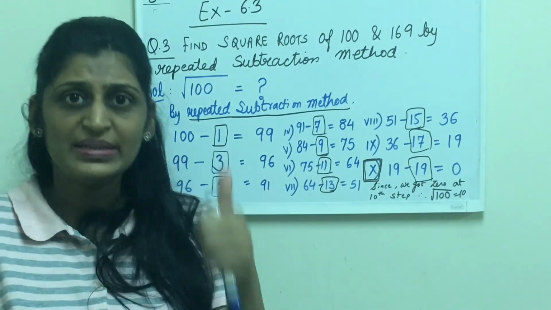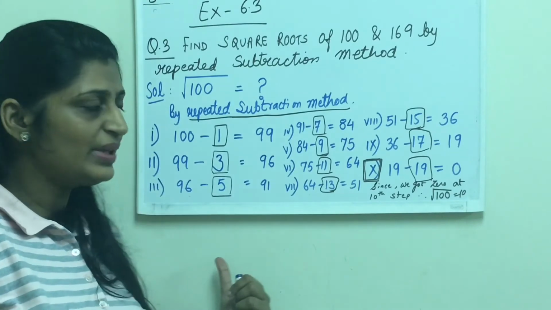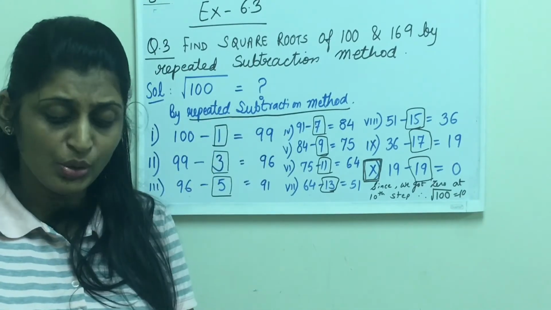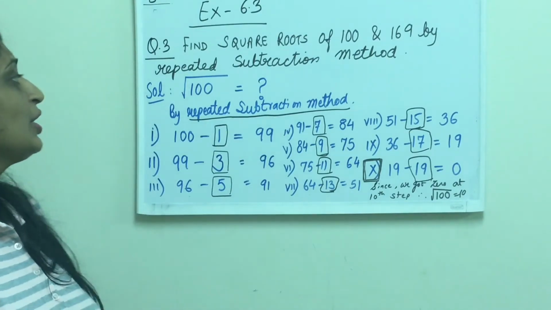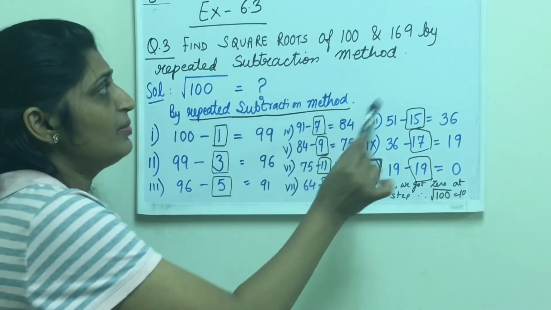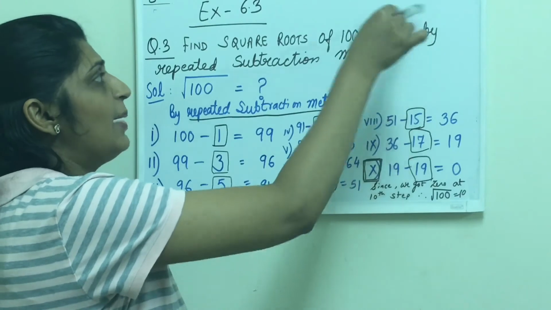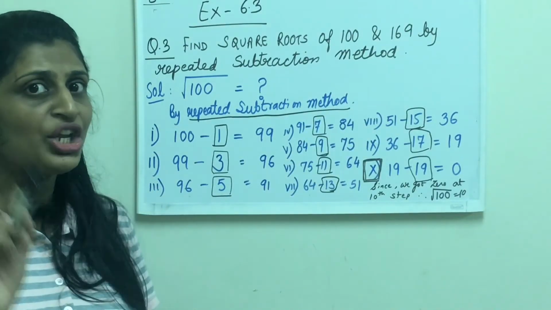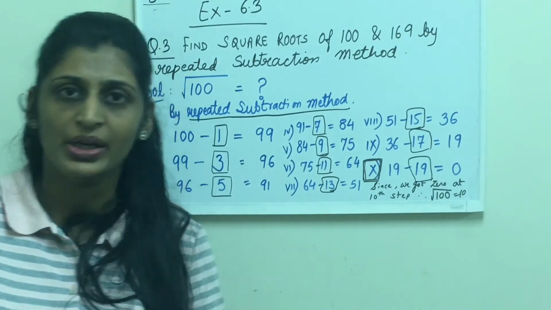Now you can pause the video, note down the solution to this question, and start using the repeated subtraction method on our next number, which is 169. And when you finish, to check your answer, you can continue with the video.